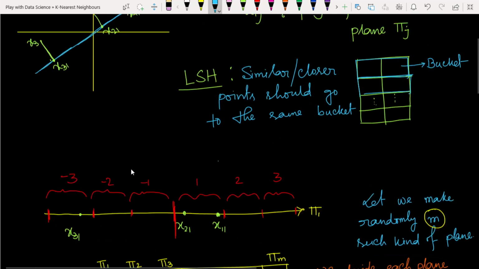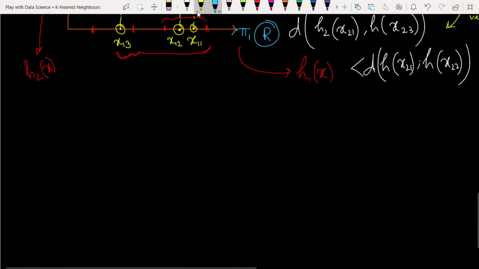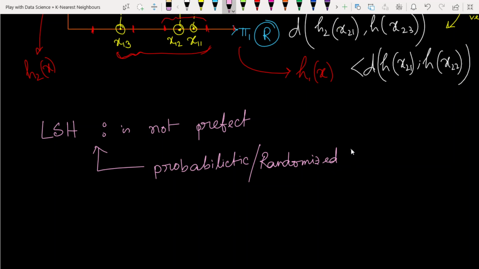As I said at the start, for cosine similarity, LSH is a probabilistic algorithm. LSH is not perfect always, because it's a probabilistic or randomized algorithm.